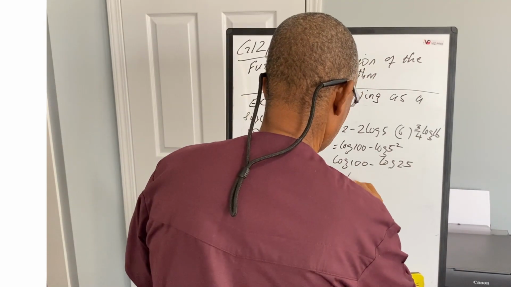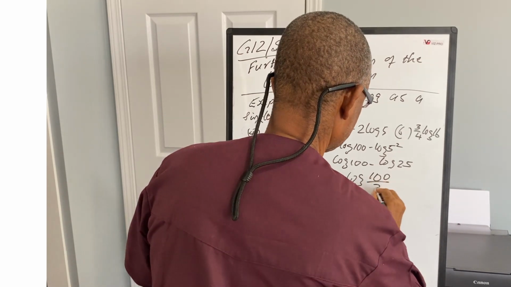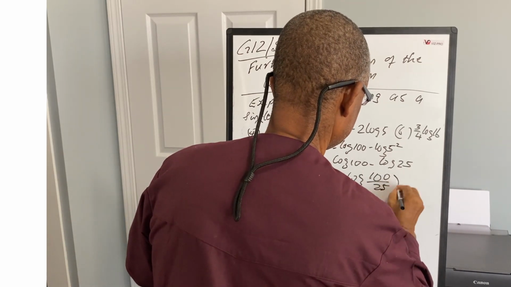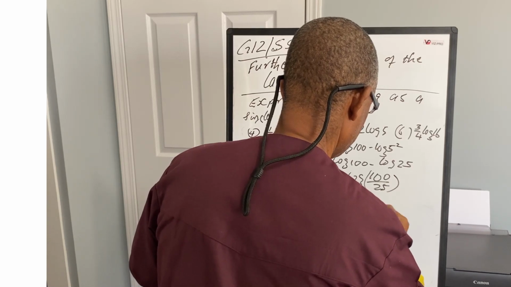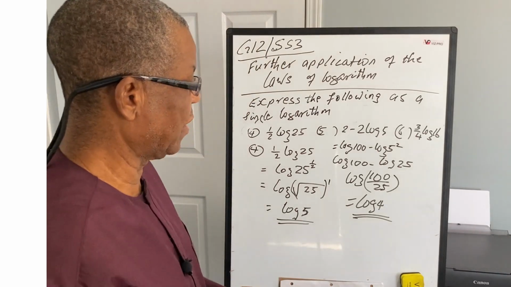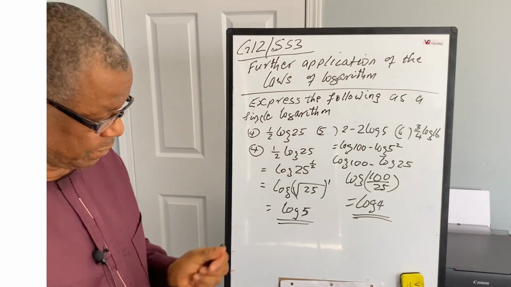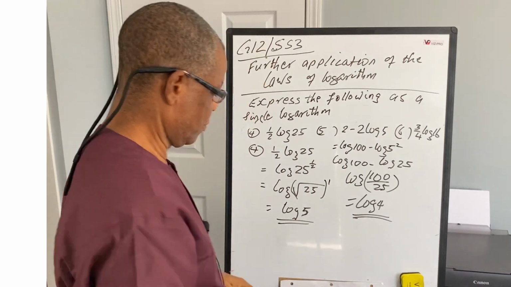So that is log 100 divided by 25. And that will give us log 4. Why 4? 100 divided by 25 will give us 4. Each of them is now a single logarithm.